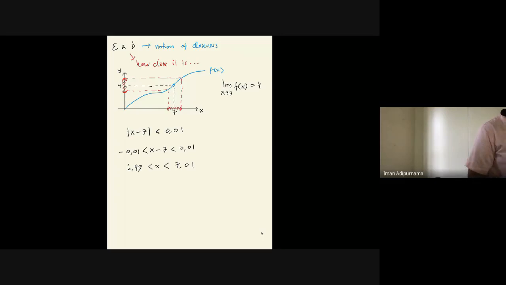So to illustrate, this is your interval here.